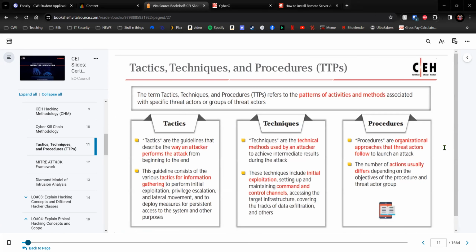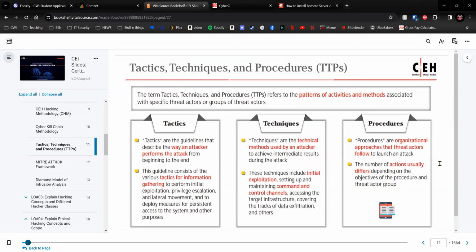Tactics, techniques, and procedures, or TTPs. Tactics, techniques, and procedures refers to a pattern of activities and methods associated with specific threat actors or groups of threat actors. Tactics are the guidelines that describe the way an attacker performs the attack from beginning to end.